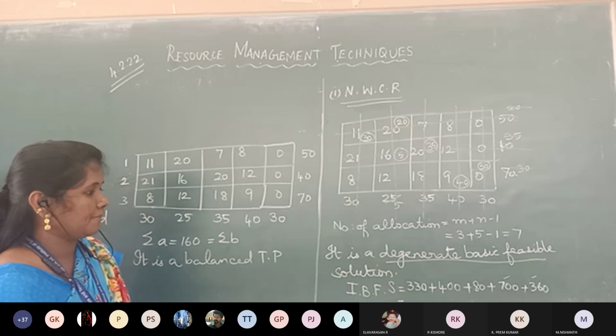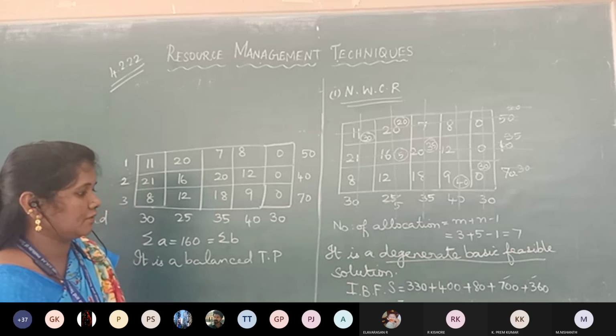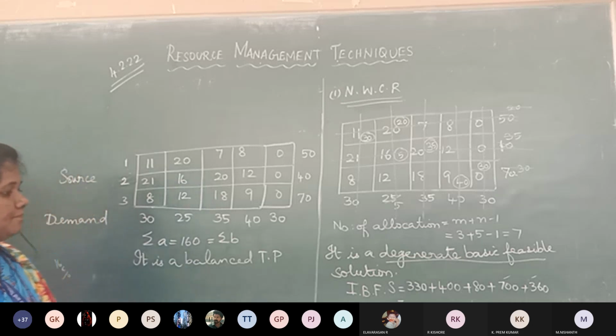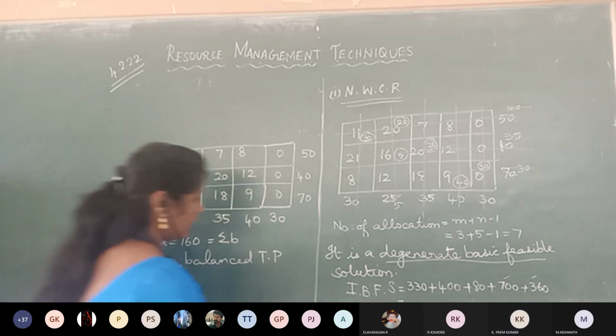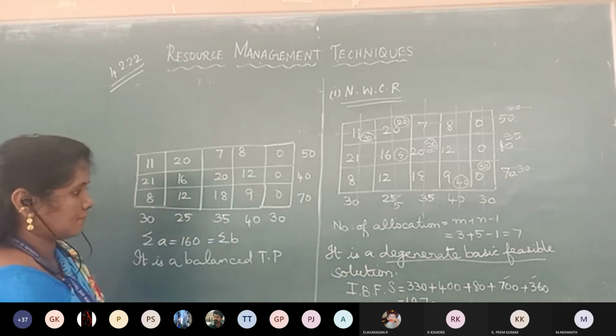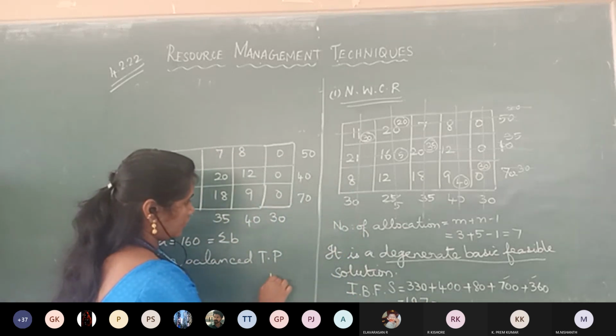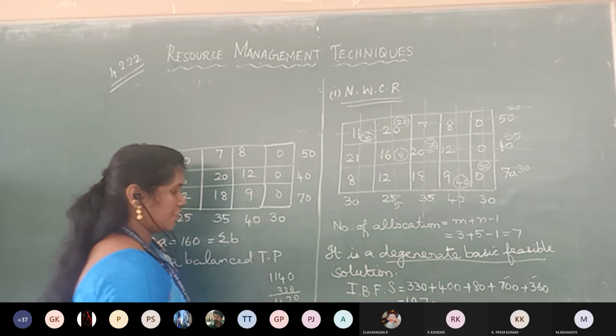It is 1,060. 1,140. 1,870. Correct, because you will have 1,140 plus 330 plus 400, that is 1,870.